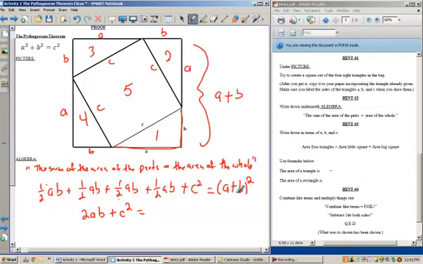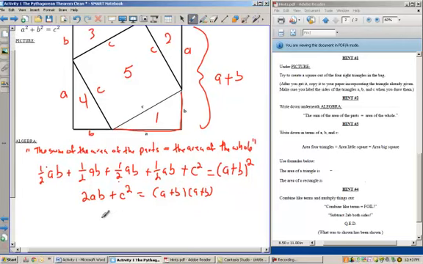And on the right hand side, I want to FOIL things out. Right? FOIL stands for first, outer, inner, last. It's multiplying A plus B times A plus B. And so what I get on the left is 2AB plus c squared. And I multiply the first 2 terms, A times A, so I get A squared.